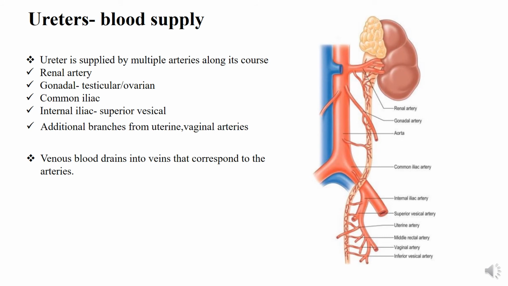And in the female, there are additional branches coming from the uterine arteries and the vaginal arteries. These branches approach the ureters medially, and then they divide into ascending and descending branches, and they form an anastomosis on the ureteric wall. The venous blood will drain into the veins that correspond to the arteries that I have mentioned earlier.